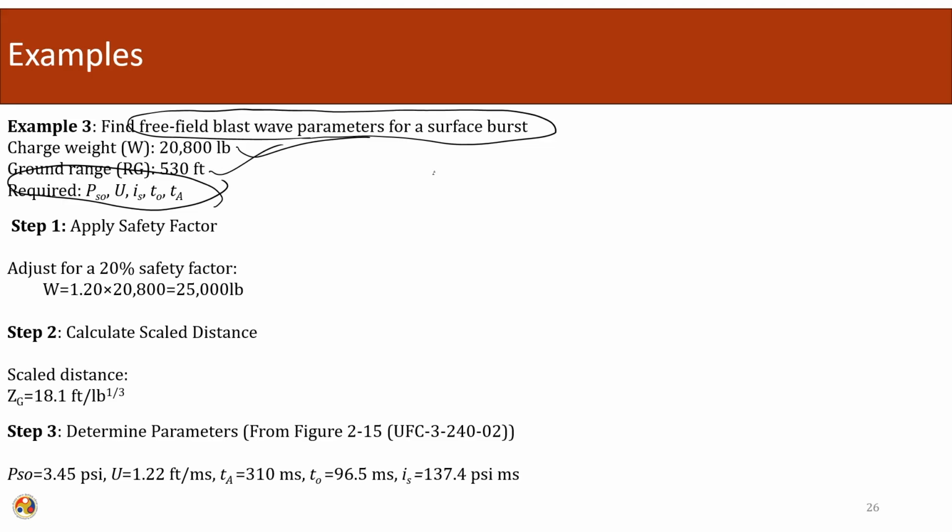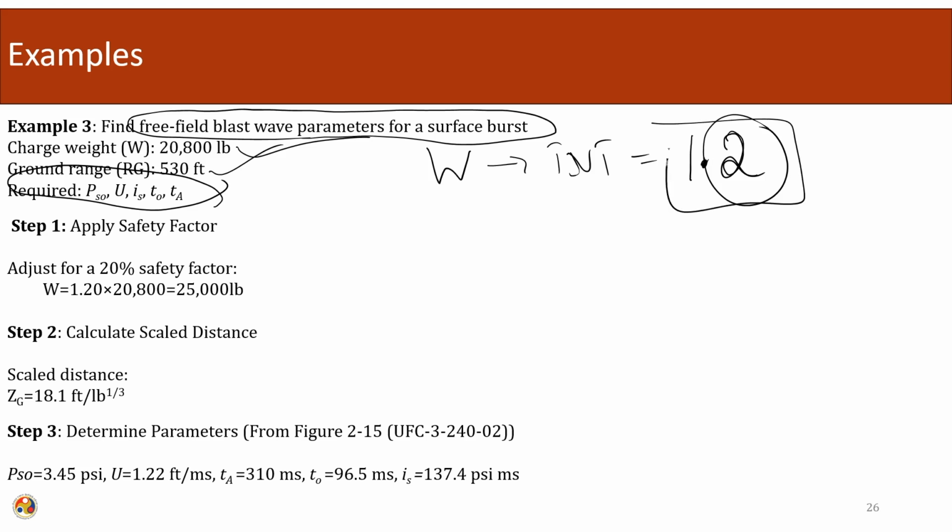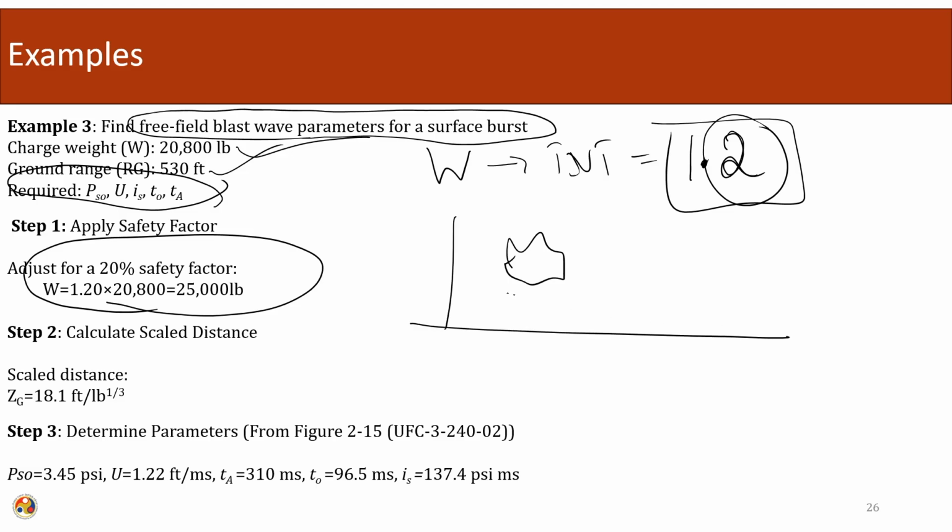First, we will take the weight of the charge and convert it into the equivalent charge. If it is other than TNT, to account for the 20% uncertainty, we multiply it by 1.2. After that, depending upon the location of the charge with respect to the ground, we need to categorize this as a free air blast, surface blast, or air blast.